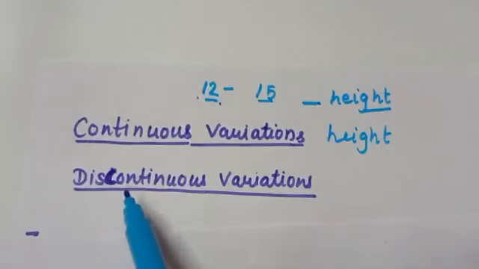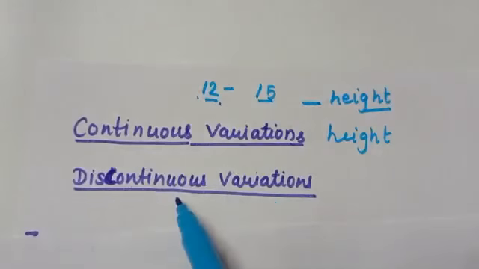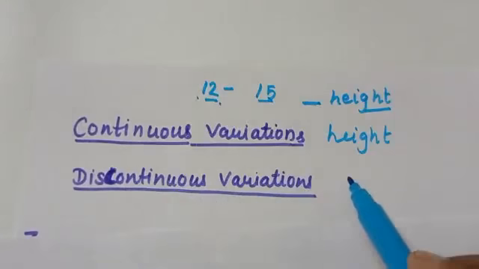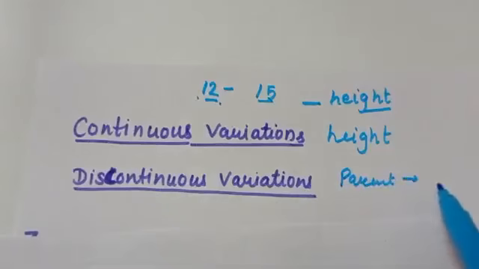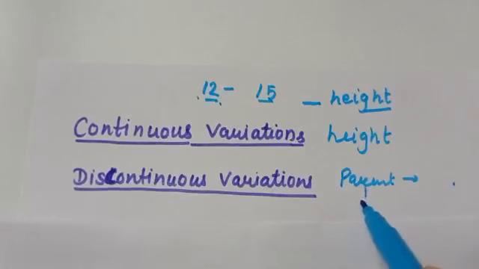Another is discontinuous variation. As the name itself suggests, there will be a discontinuation. That means it is possible that some of the features from parent to offspring are lost, but they are not going to the second generation. Let's say we have parents, their offspring, which will be the first generation, and then their offsprings, which will be the second generation.